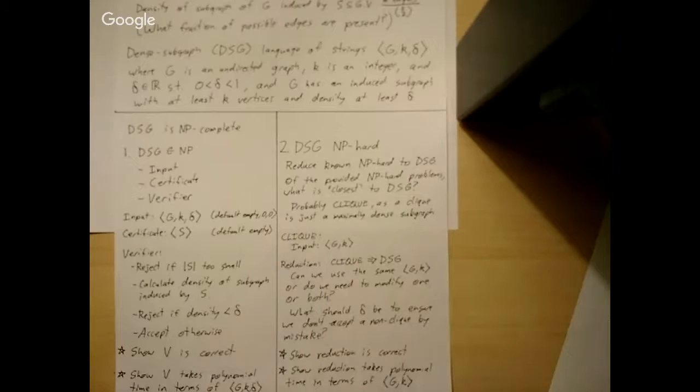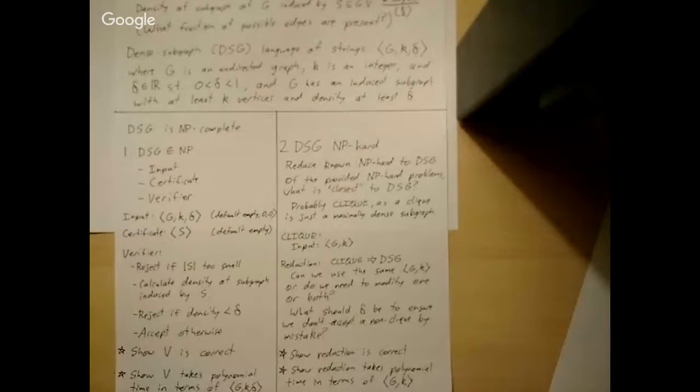In this case, we're just adding a floating point number to it, so they're essentially the same size, but in general the input and output of the reduction could be significantly different sizes, and you need the reduction to be polynomial in terms of the input.